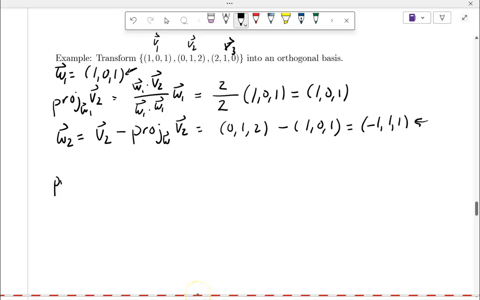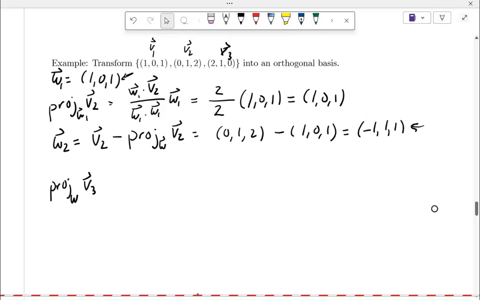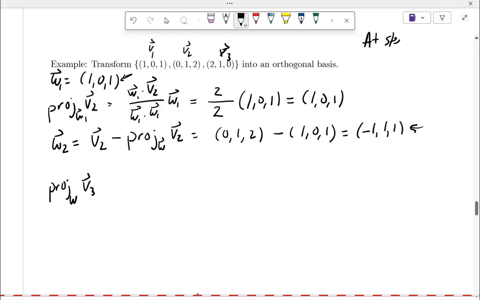All right. So the next thing we want to do is compute the projection of V3 onto your subspace. We're going to use W as your subspace. Remember again that at any step I, your W is the span of the previously computed W's.